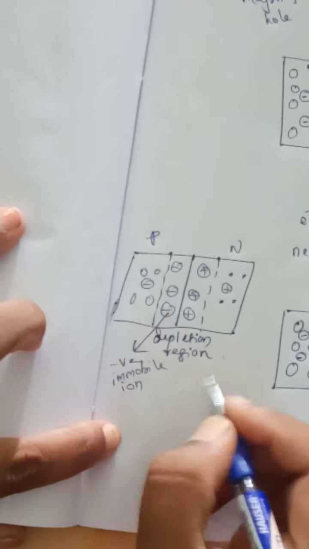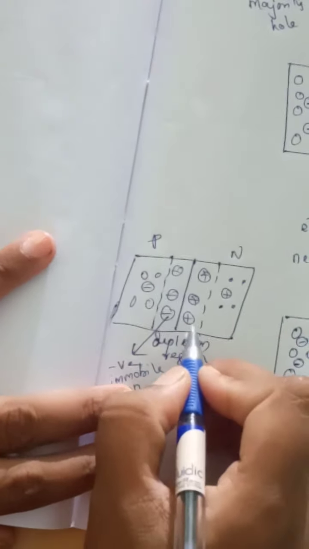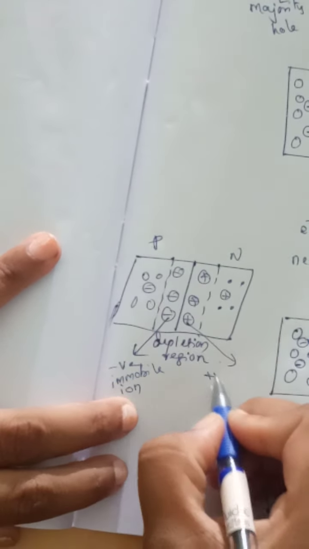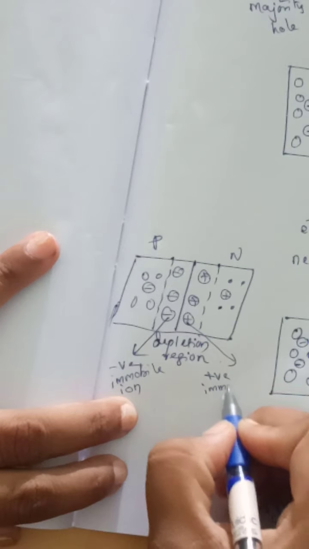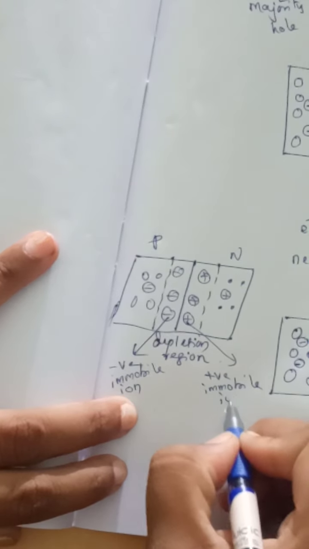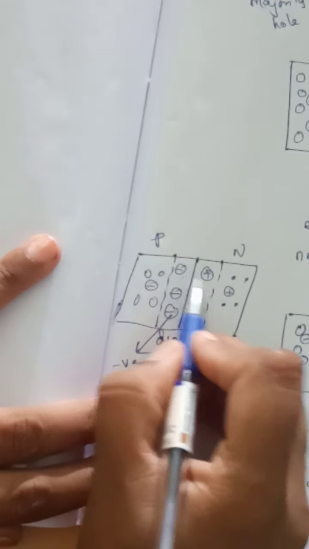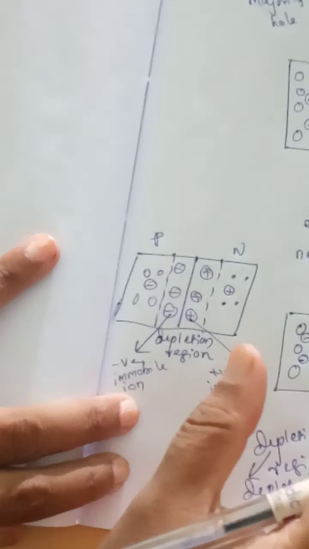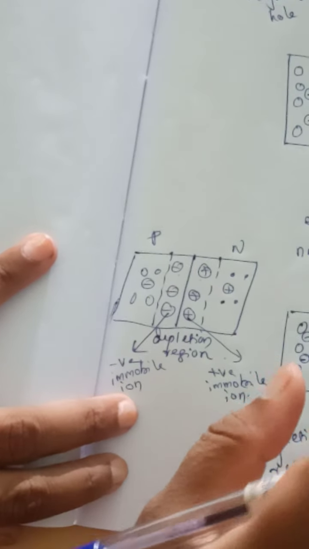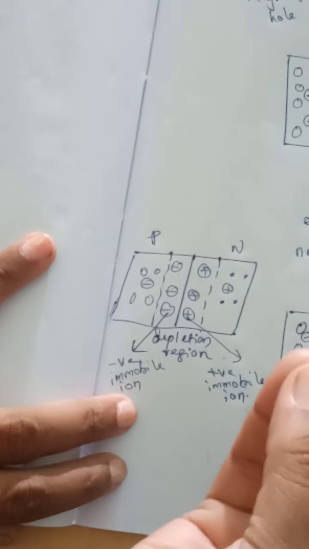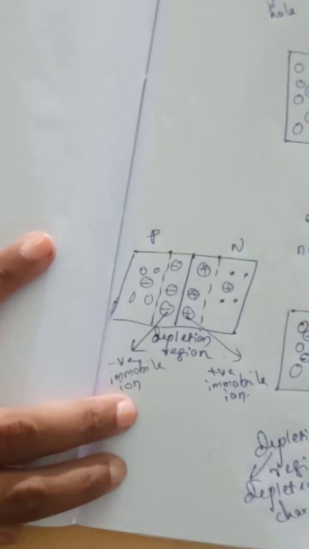Immobile means they will not move. In the region nearby the junction in n, we find positive immobile ions, which will not move from their place. Whatever holes and electrons were present here have recombined and become neutral.